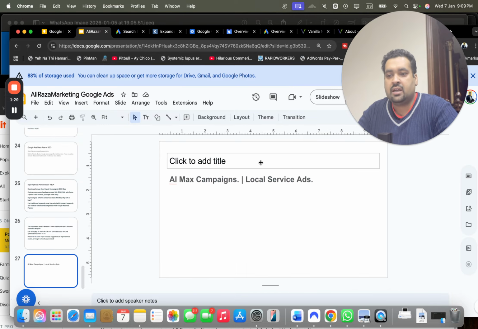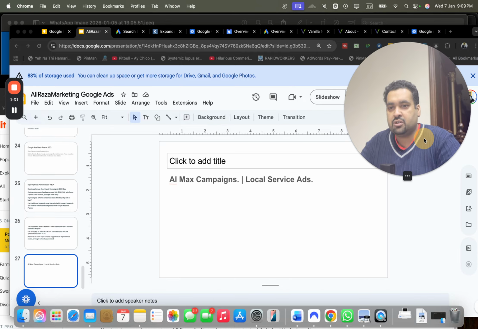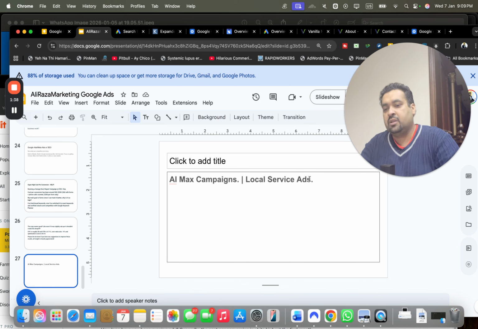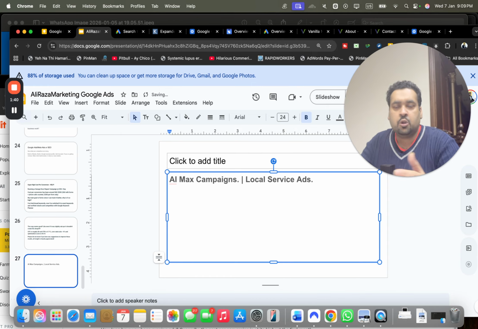Local service ads could be potentially beneficial for you as well. So my opinion is to look at either an AI Max campaign or local service ads. Apart from this, I think you may have already connected your Google Business Profile with your Google Ads account.